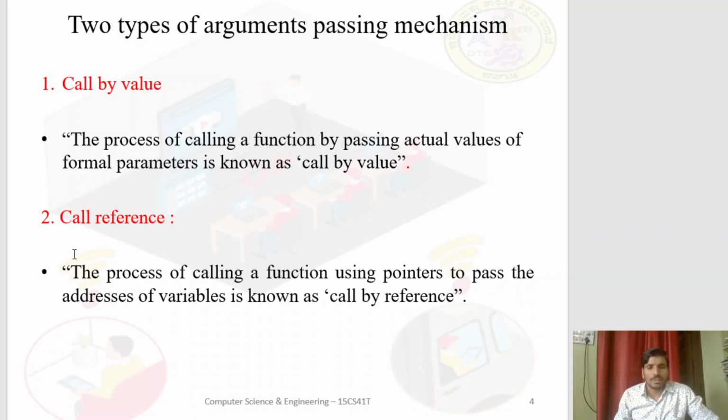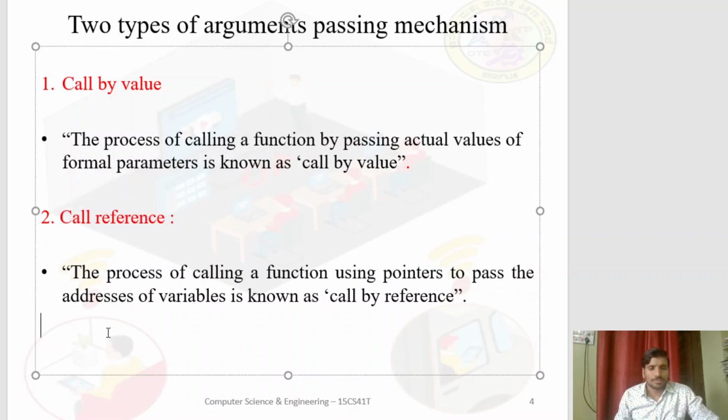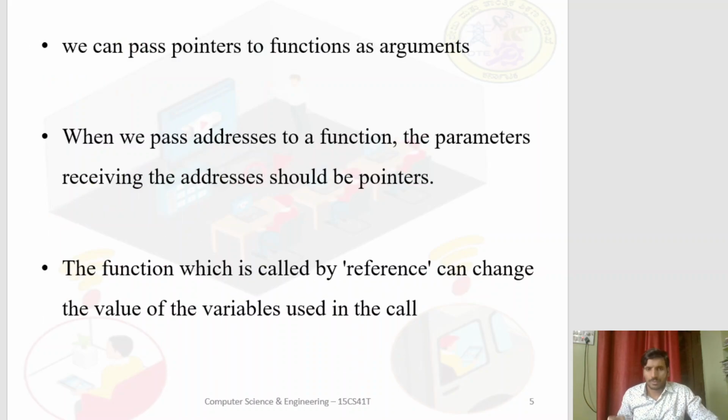So that is called call by reference. We can pass pointers to functions as arguments. When you pass the addresses to a function, the parameters receiving the addresses should be pointers. The function which is called by reference can change the value of variables used in the call.